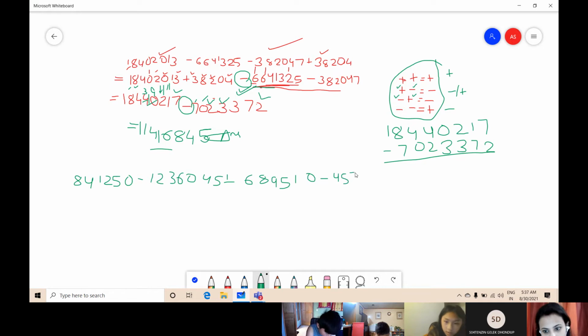Just solve this quickly. This is the sign of addition. Okay. Now solve this.